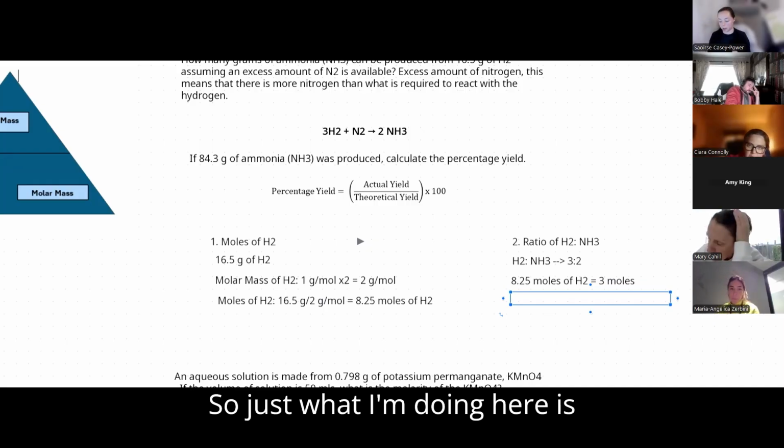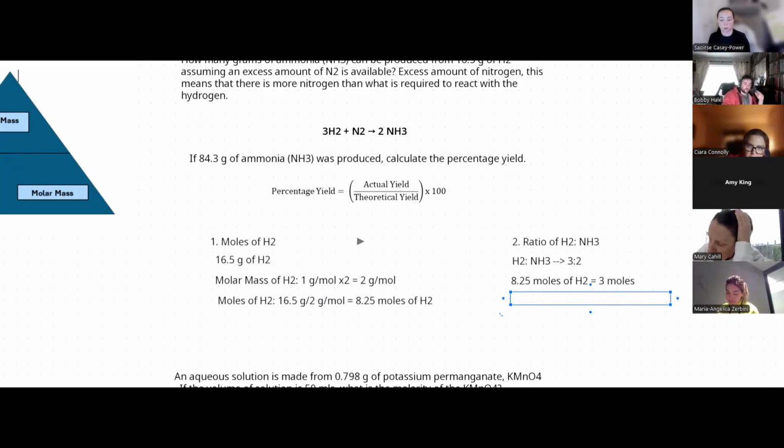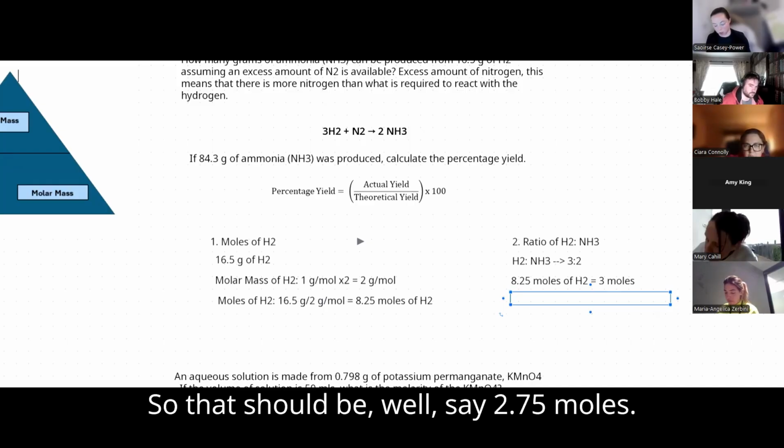So what I'm doing here is simplifying the ratio down. So 8.25 divided by 3 should be, we'll say, 2.75 moles.